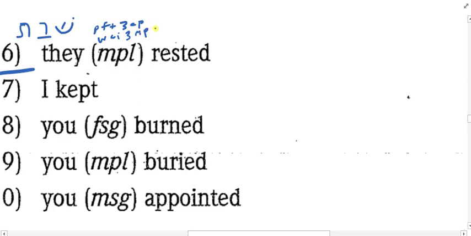So that's what we're looking at here. We're going to do 3CP for the perfect and 3MP for the WCI. Okay, so let's start with the perfect. So we have shavat as the Qal perfect 3MS. We need to make it "they" though. So how am I going to modify shavat? What do I need to add here at the end for "they," 3CP?